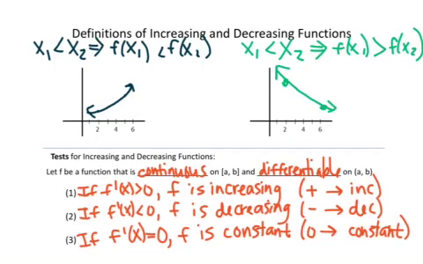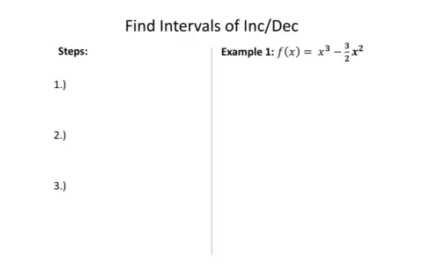Moving on to the next part, we're going to do an example of how we can use the derivative to test the intervals over which a function is increasing or decreasing. So here are the steps that you're going to be using. You first want to make sure that you find any critical numbers, which we've practiced.